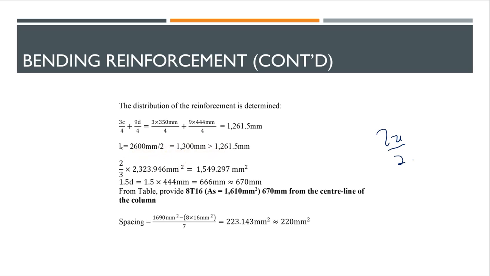But here, I dapat LC is actually bigger than 3C over 4 plus 9D over 4. So, macam example number 1, LC kita lebih rendah daripada value ni. So, kita can simply say that it is uniformly distributed.